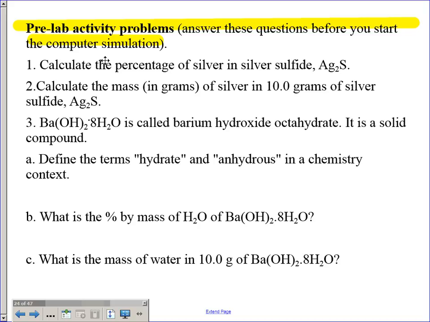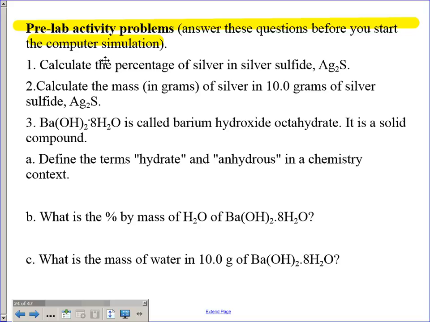Follow number 3, and then define the terms hydrate and anhydrous. You skipped 3. Yeah, well 3A, 3 is not really a problem. Barium hydroxide. Hydrated, water.